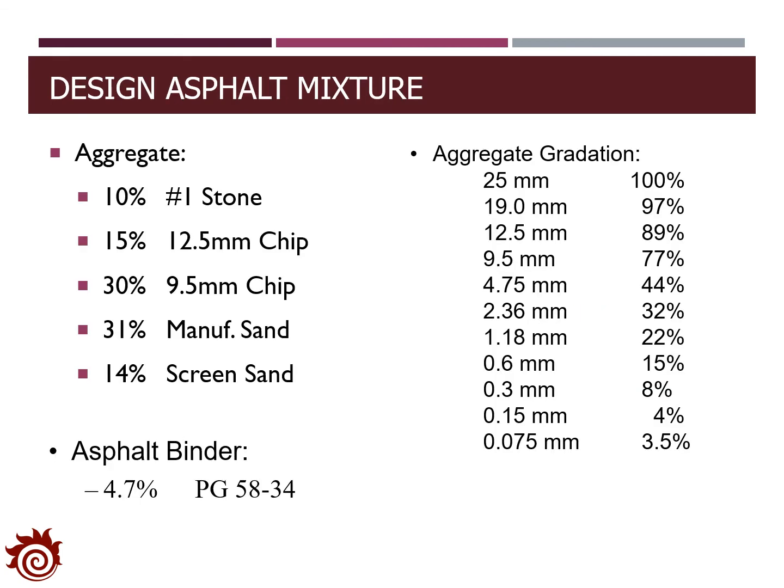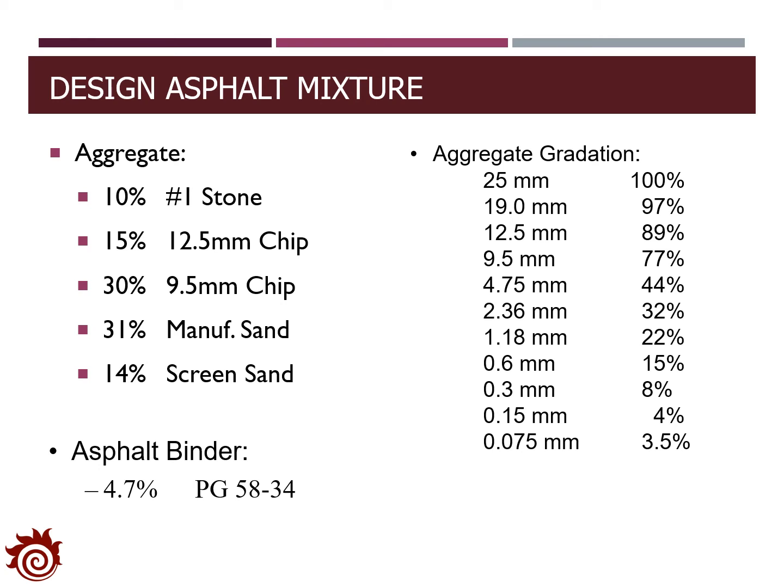Then we can summarize the example for the Superpave mix design. Basically, from this design, we want to choose the appropriate aggregates and asphalt binders. For the aggregates, we will choose 10% number 1 stone, 15% 12.5 mm chip, 30% 9.5 mm chip, 31% manufactured sand, and 14% screen sand.